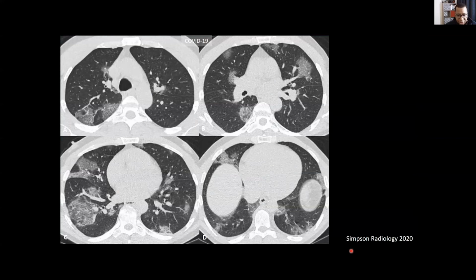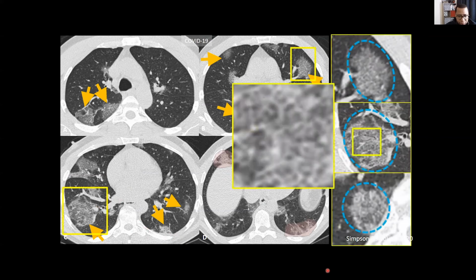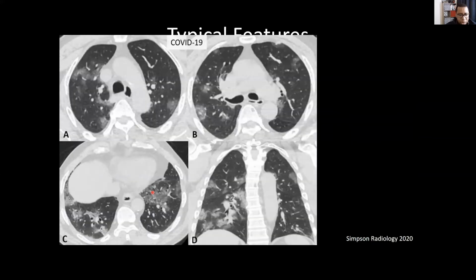So let's look at a few cases. This is from my colleague, Scott Simpson, showing peripheral, rounded morphology, as you can see. And they have these intralobular septal lines when you really zoom in.